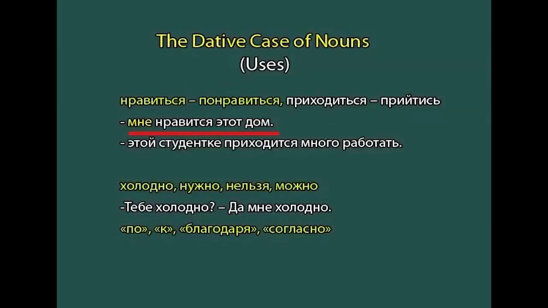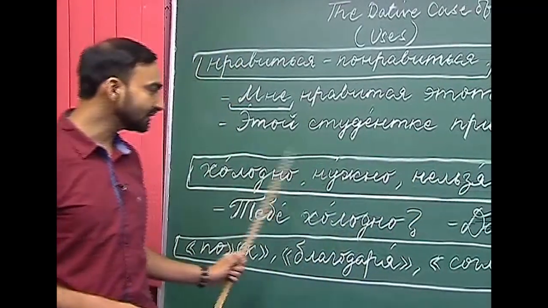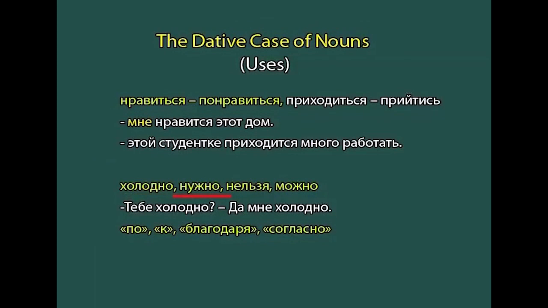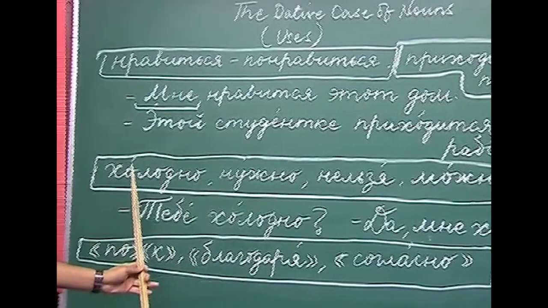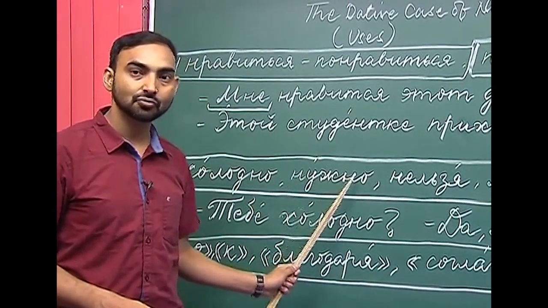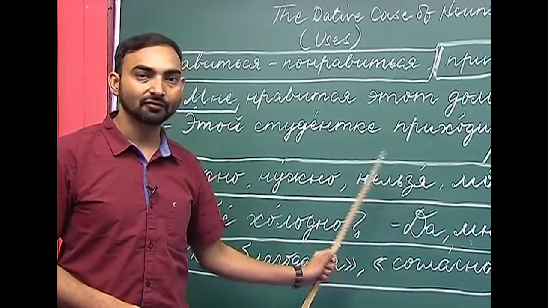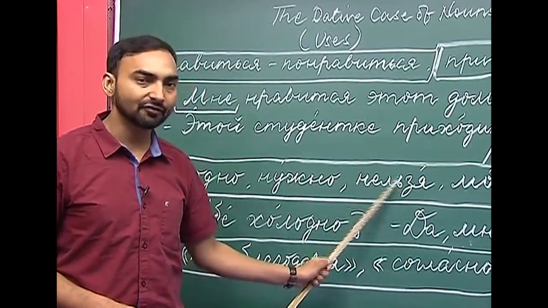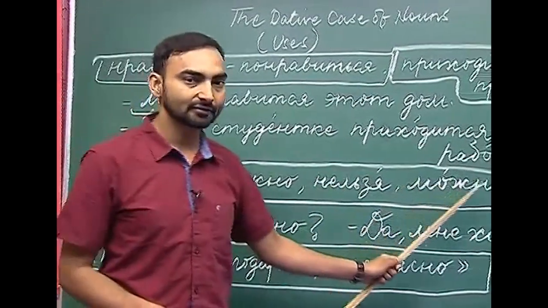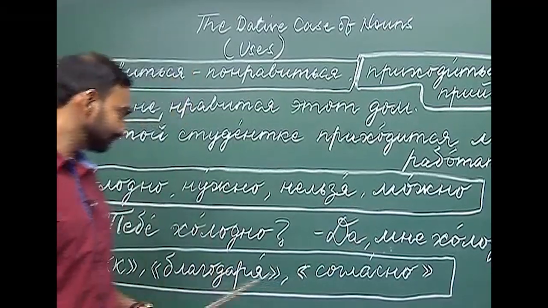The next use of dative case is with some adverbs and words like kholadna, nushna, nilzya, moshna. Kholadna is cold, nushna is necessary, nilzya is not allowed or never, moshna is it is allowed. So, nilzya and moshna we have done before.